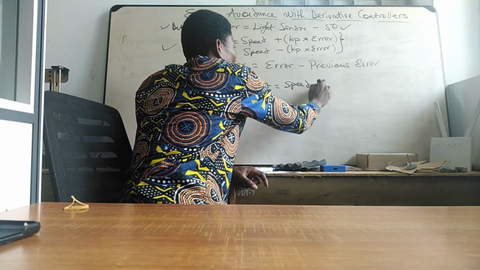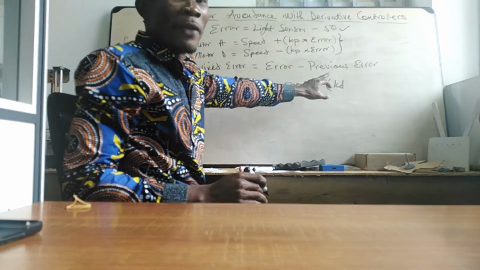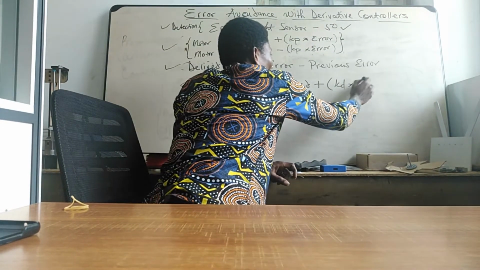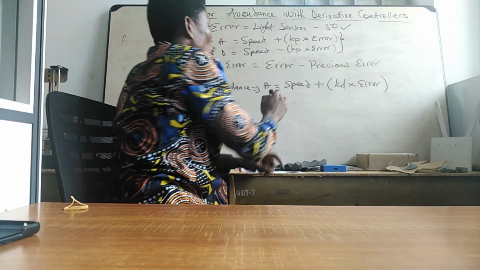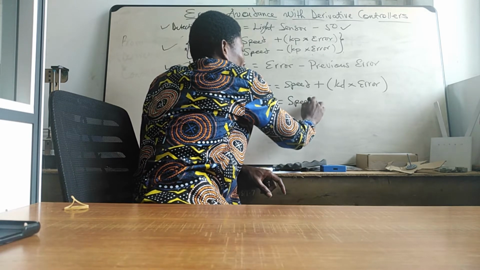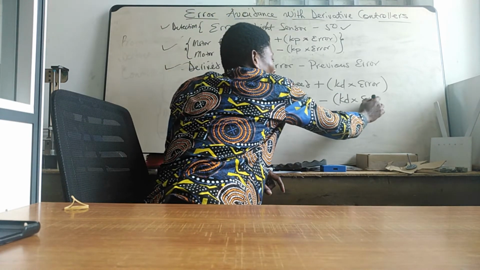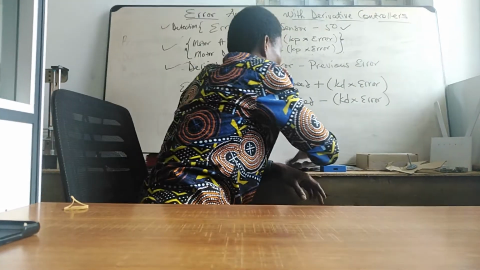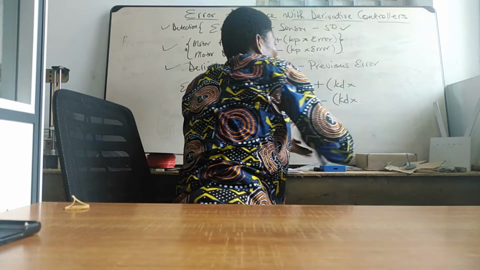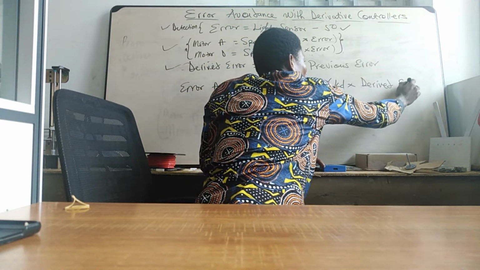So motor A, to avoid the derived error from occurring, motor A will have to be moving at speed plus, again, a certain constant we'll call the derivative gain multiplied by the error. And then motor D will also move at the speed, this time minus the same derivative gain multiplied by the error.